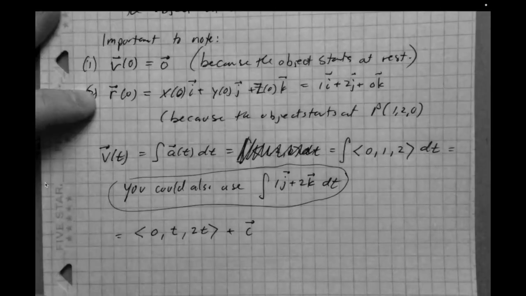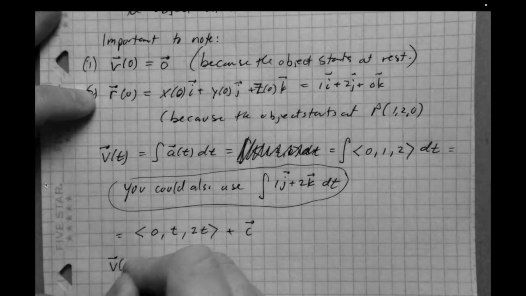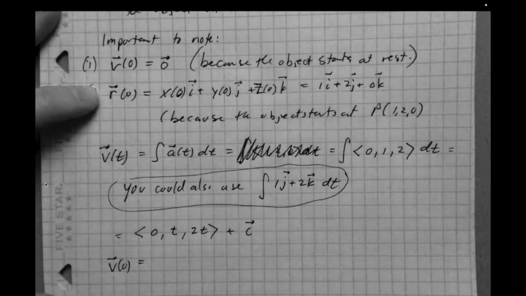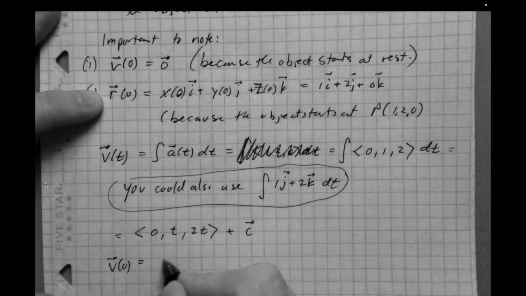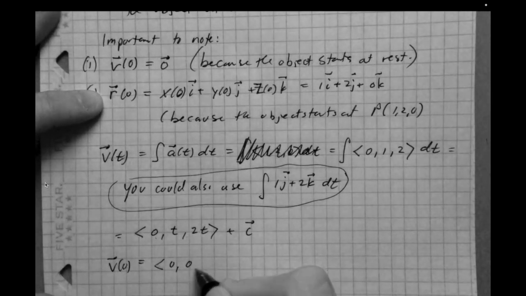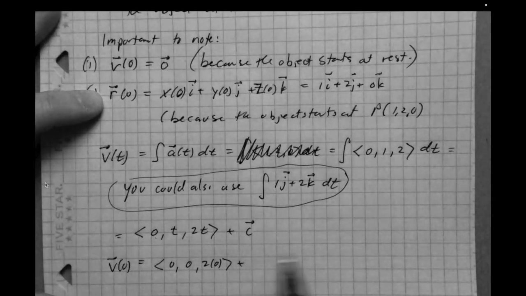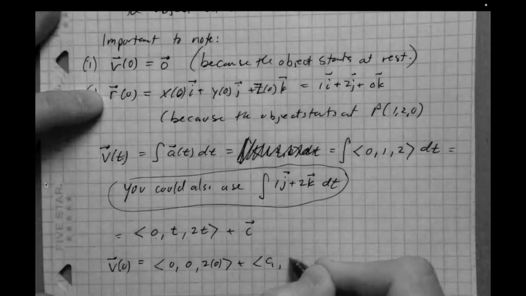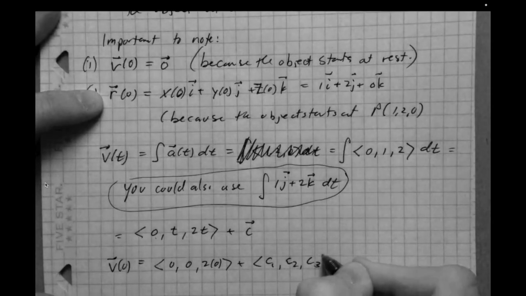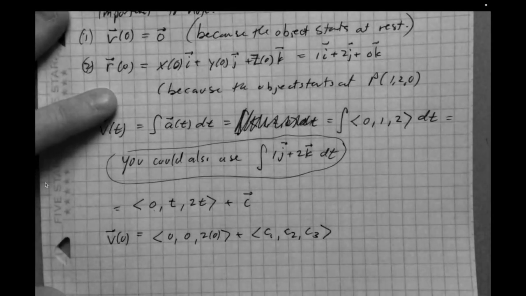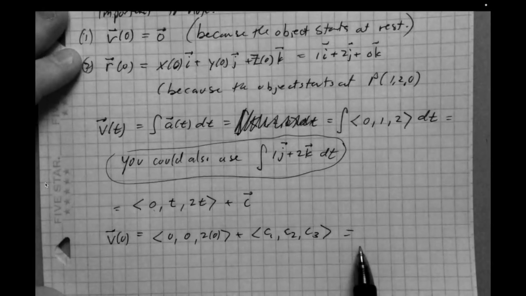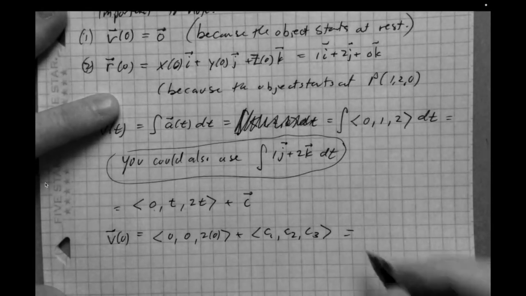So we know that v of 0 is equal to 0, comma, 0, comma, 2 times 0 plus c1, and we know that needs to equal the velocity at time 0, which was 0, 0, 0.